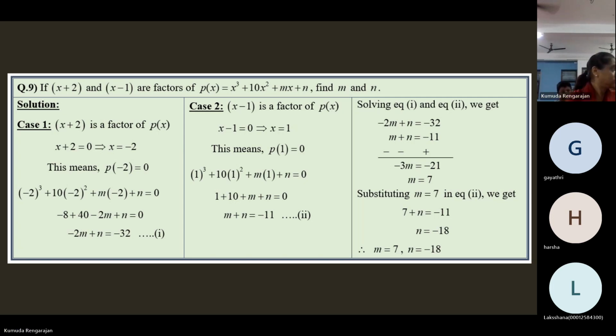Finish this one. Sunday, finish working this one. You working?